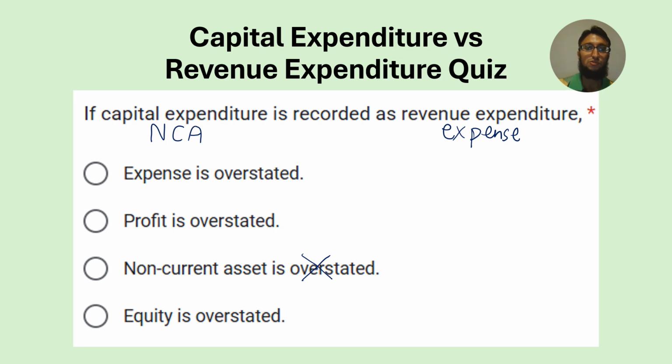So when the expense is too much, we say that the expense is overstated, the profit will be understated, and if profit is understated, equity is also understated. Therefore, the correct answer to this question is expense is overstated.